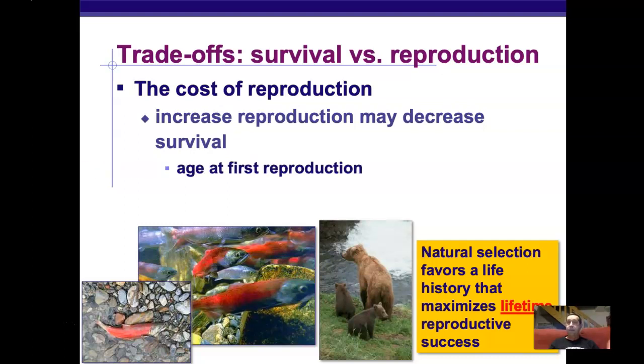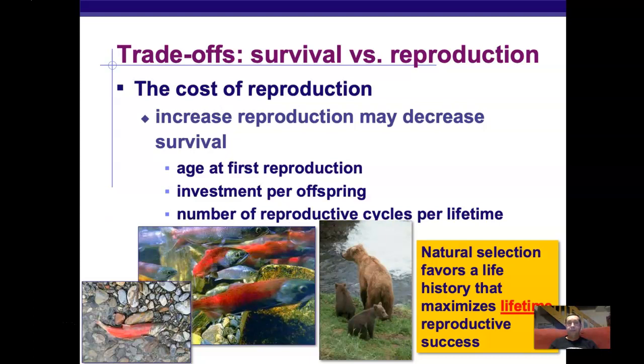Things that affect this are, what is the age at first reproduction? And what is the investment per offspring? And how many reproductive cycles do they go through in their lifetime? Natural selection favors a life history that maximizes lifetime reproductive success. And again, that's going to be different for different kinds of living things.